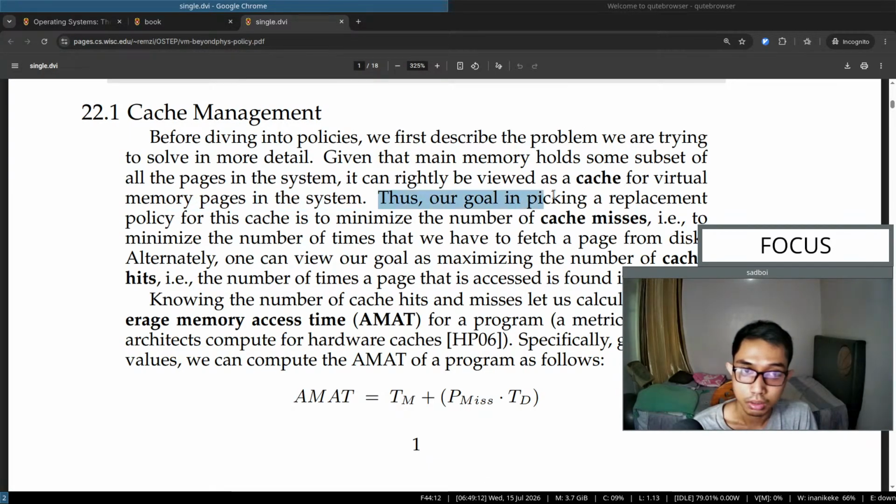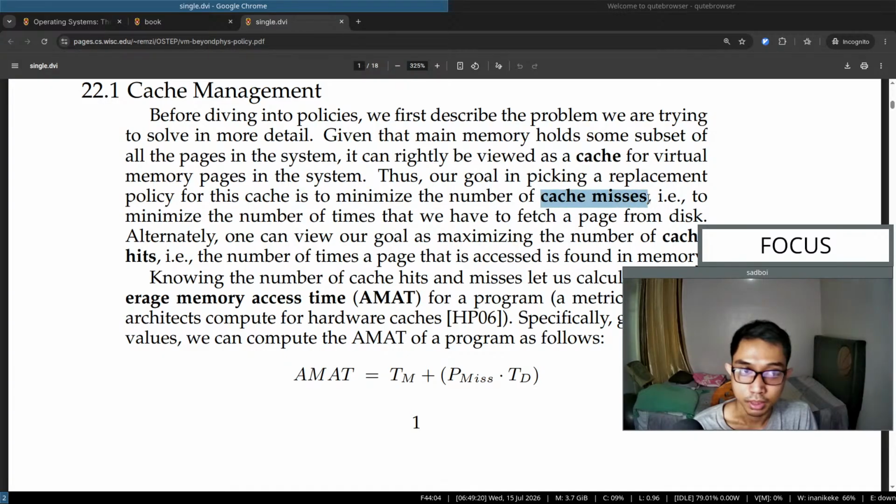Thus our goal in picking a replacement policy for this cache is to minimize the number of cache misses.